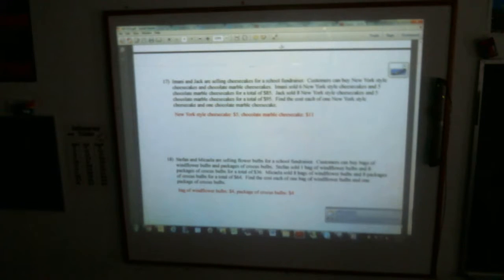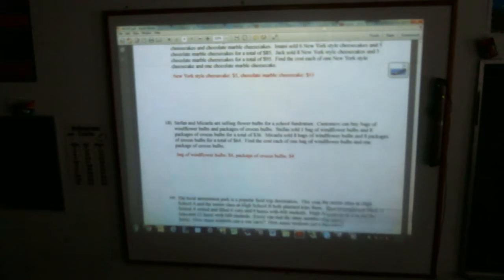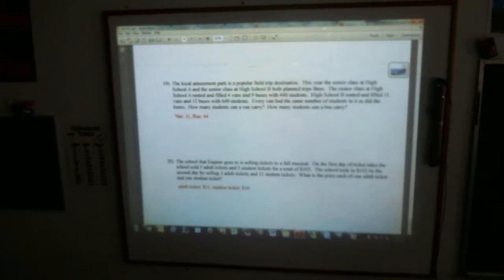Bag of bonuses, something. And 19 and 20. And 11 boost 44. Adult tickets 11. Something else, something.